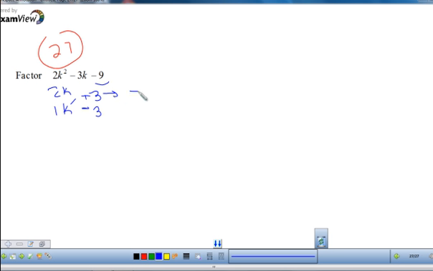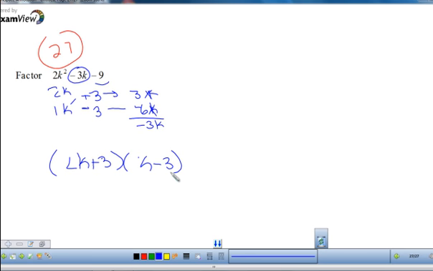So let's cross multiply to verify our middle term. So we have negative 3k. Okay, so that's our middle term. So the answer is 2k plus 3, k minus 3.